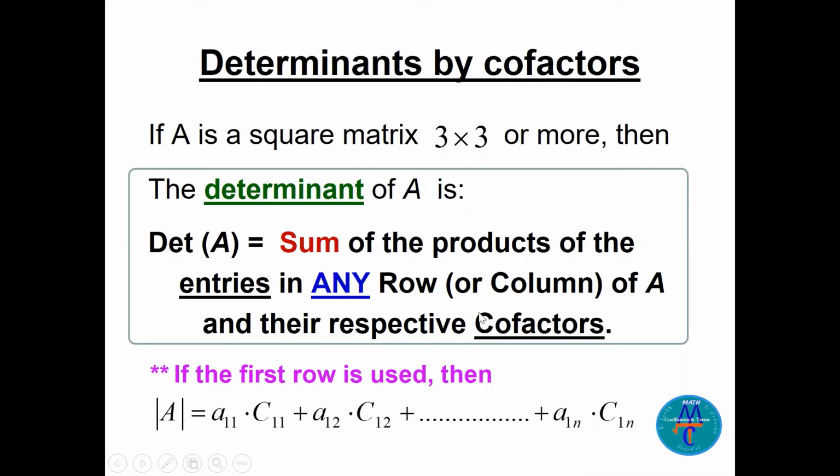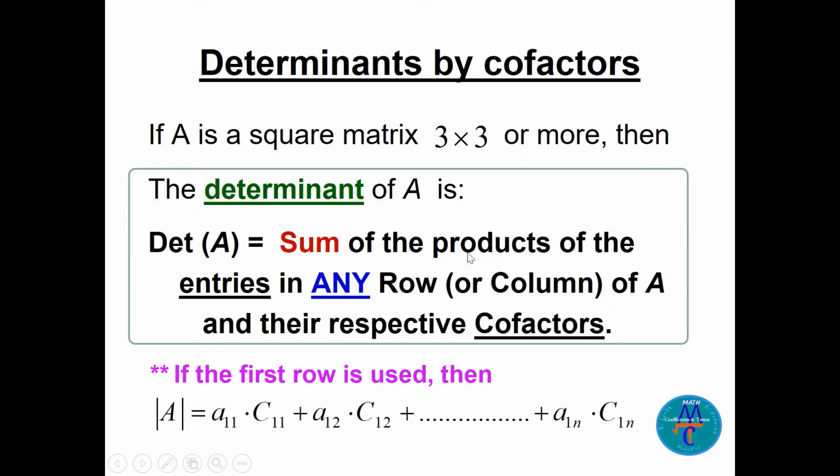Maybe it's not clear here. I will read it again and then explain it with many examples. The determinant will be the sum of the products. So sum means we add things here. We multiply things, so we add things.